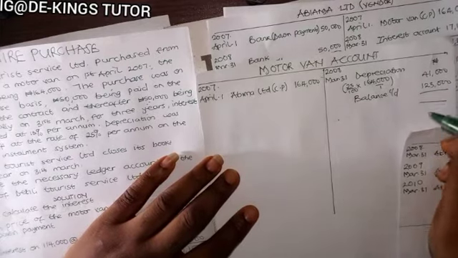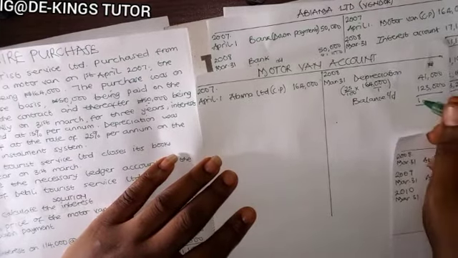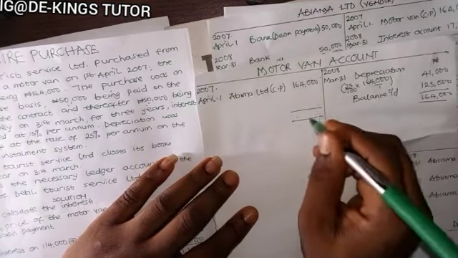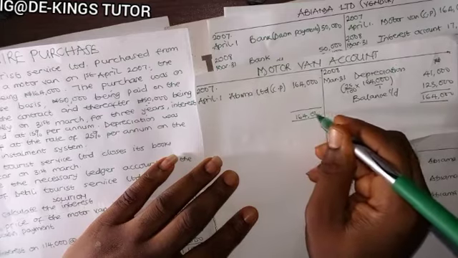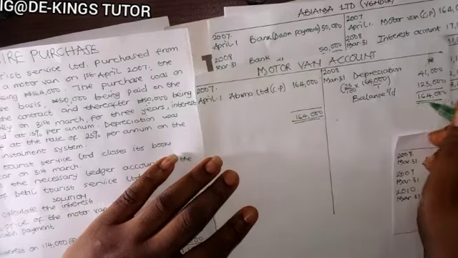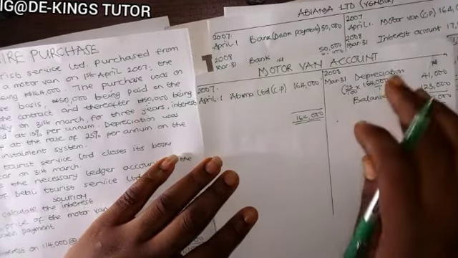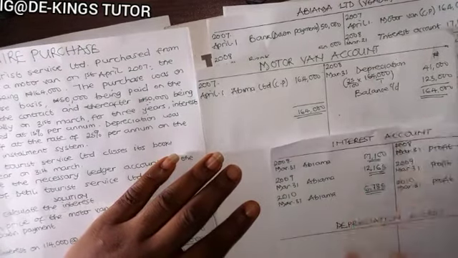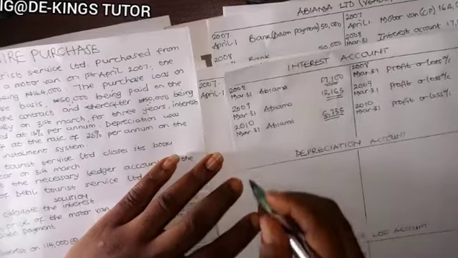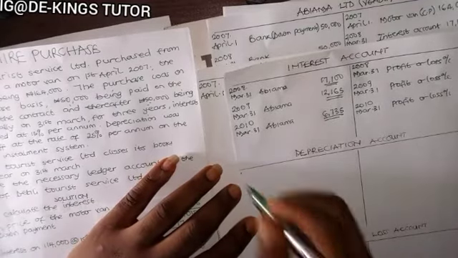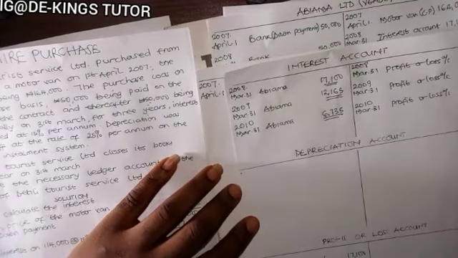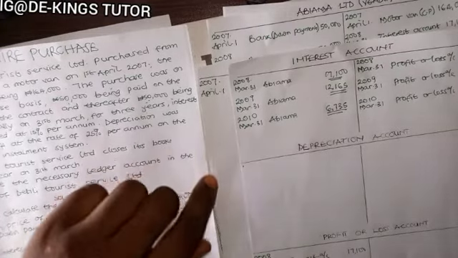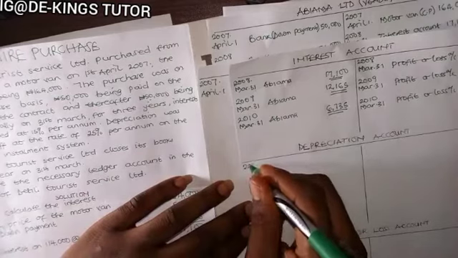So that when you add these two, this will give you 164,000, and this will give you 164,000. Okay. So that's the depreciation for this. So the corresponding entry will come to the depreciation account. So we'll have here 2008.